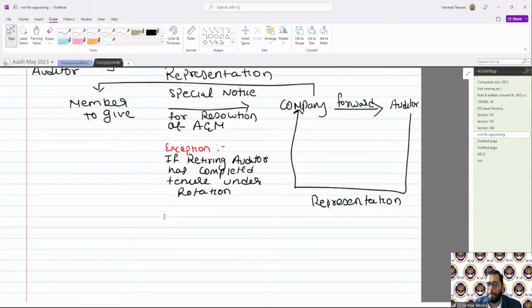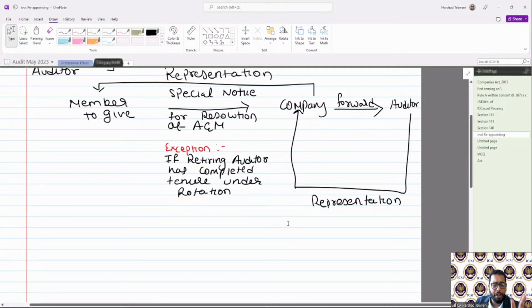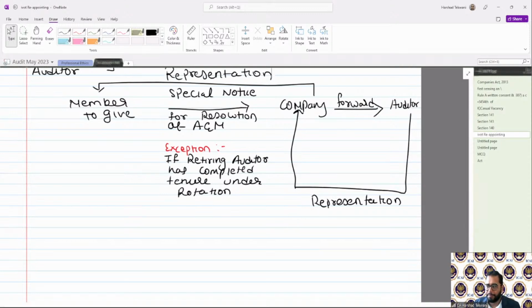Such representation should also not be for the advertisement of the auditor. Remember, we discussed in professional ethics, if any sort of advertisement or unnecessary publicity is obtained from this representation, then that will be a violation of the code of ethics.